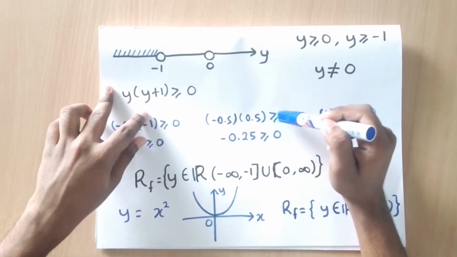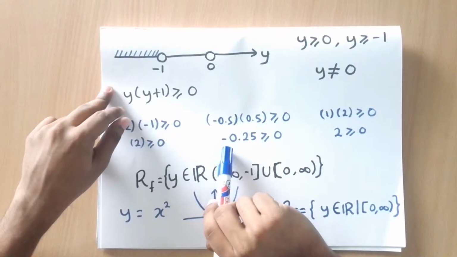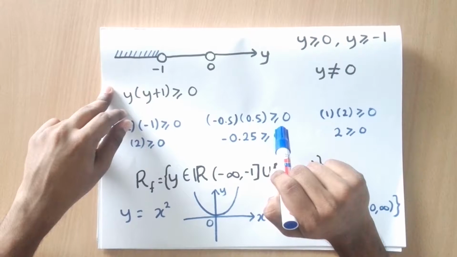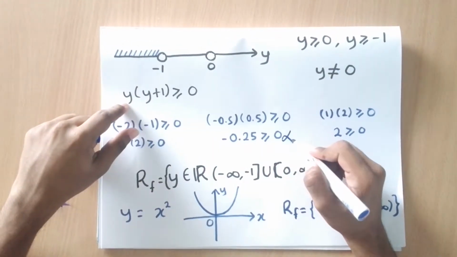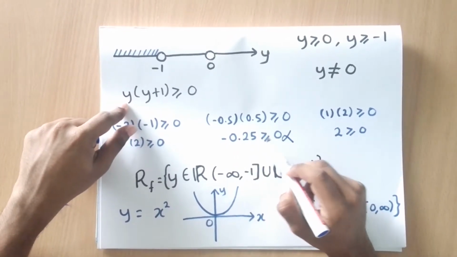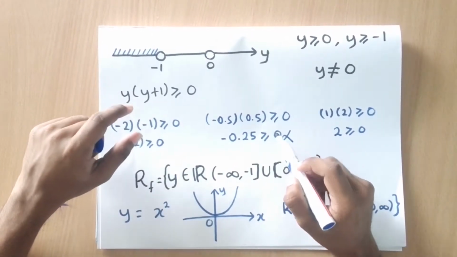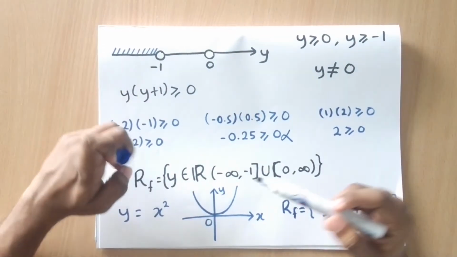When we multiply these two, we get minus 0.25. So this is false because minus 0.25 is not greater than or equal to 0. So we can't shade this area of the diagram.